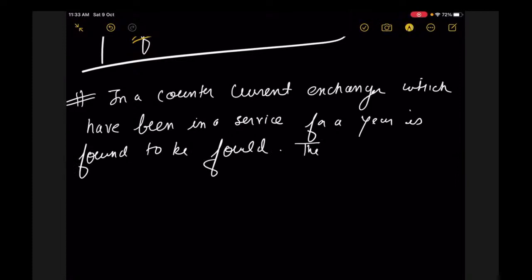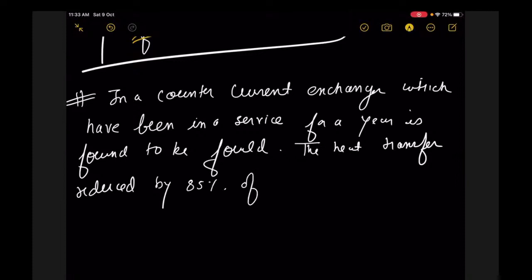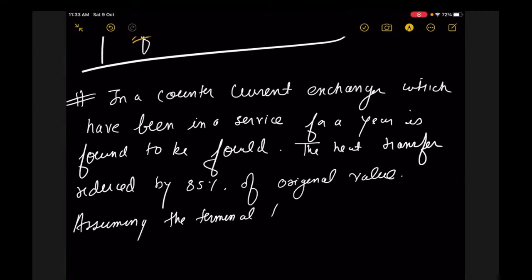The heat transfer reduced by 85% of original value, assuming the terminal temperatures are the same in both the cases.